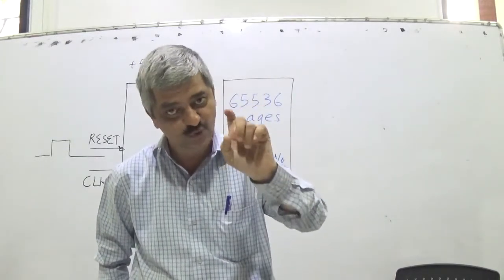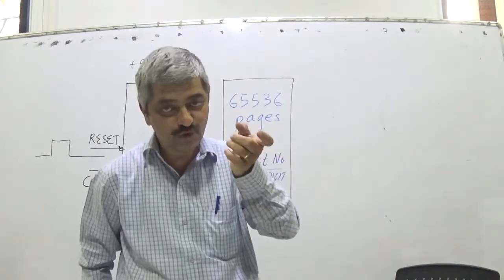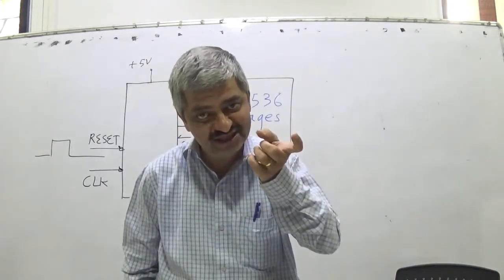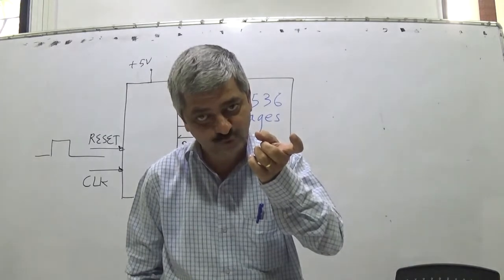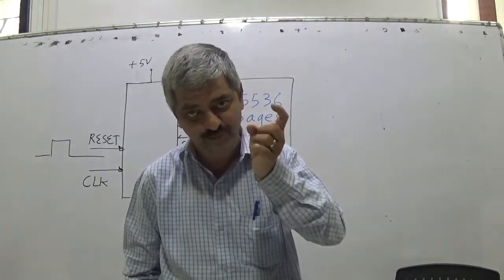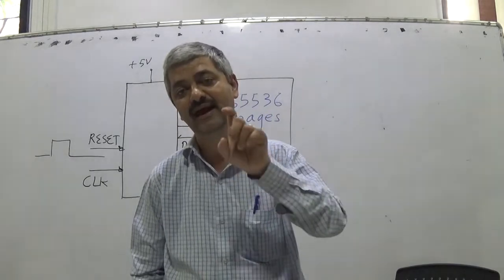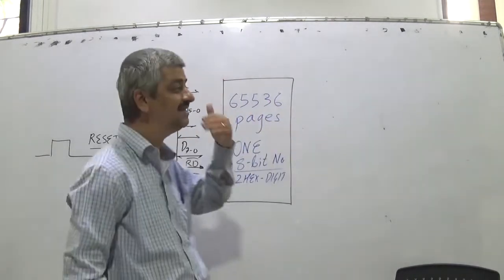Op is operation, code is coding. What kind of operations are further expected to be done by the microprocessor is coded there, and depending upon that I understand what to do.